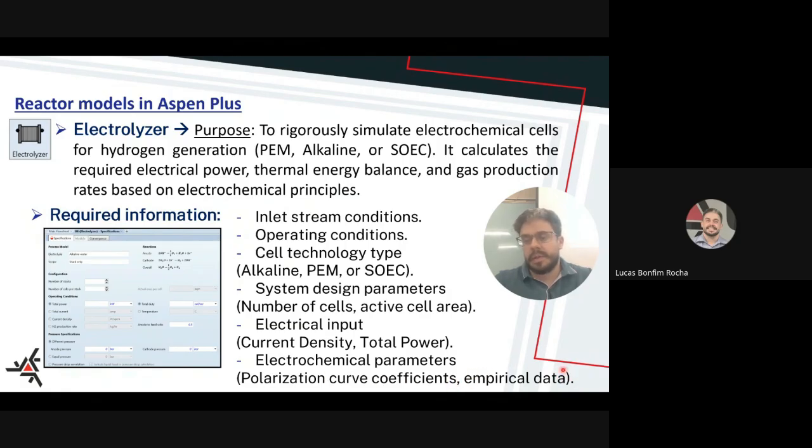And with this empirical data, we can calculate the coefficients for the polarization curve.